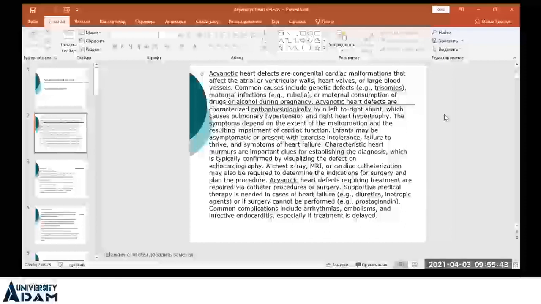A chest X-ray, MRI, or cardiac catheterization may also be required to determine the indications for surgery and to plan for the procedure. Acyanotic heart defects require treatment via catheter procedures or surgery.